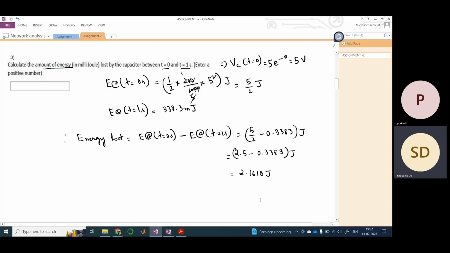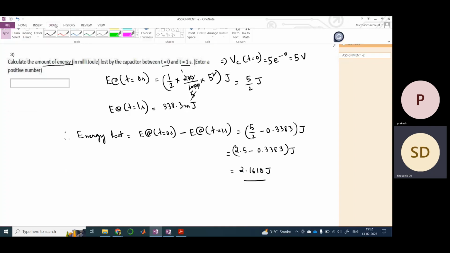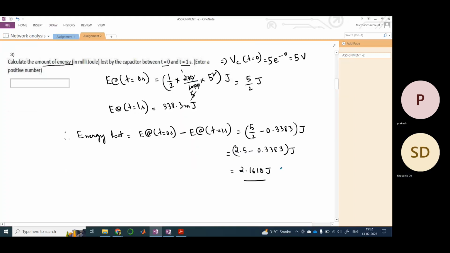This is the amount of energy lost by the capacitor between t equals 0 and t equals 1. So this is the final answer for this question.